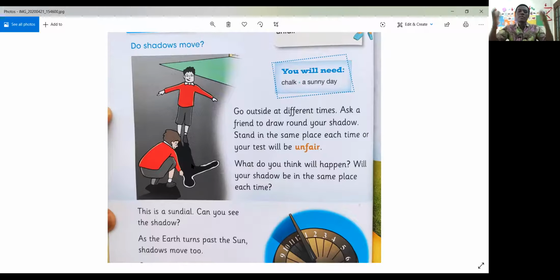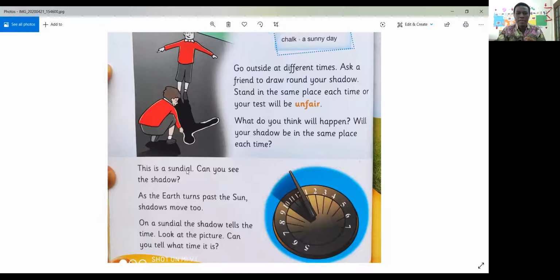And people since the beginning, since the Egyptians, started using the sundial. The sundial is this instrument, as you can see here. It is just a plate with hours.